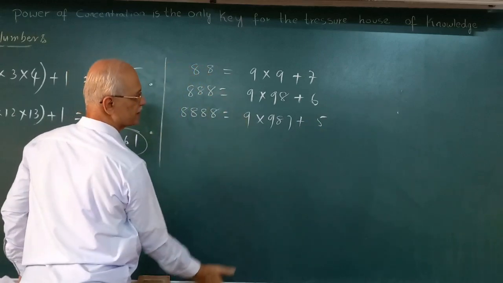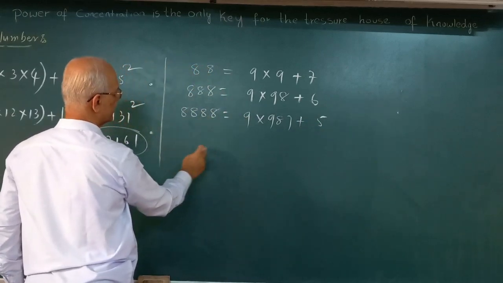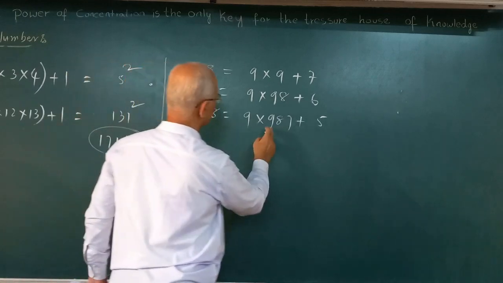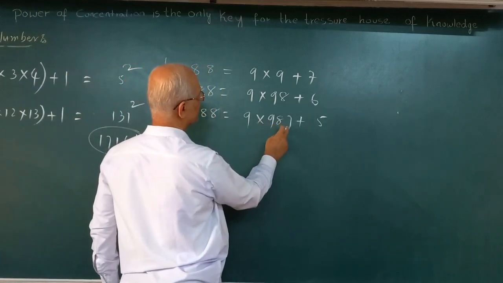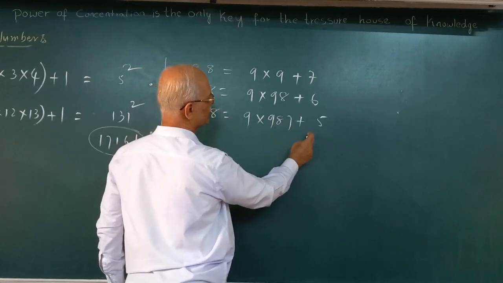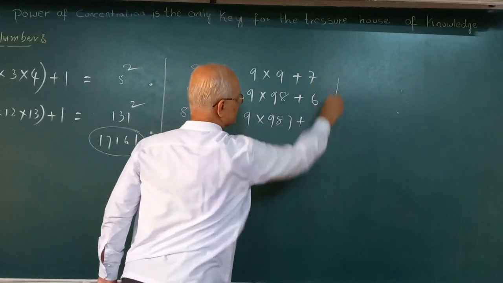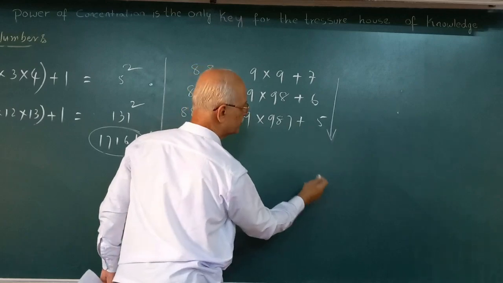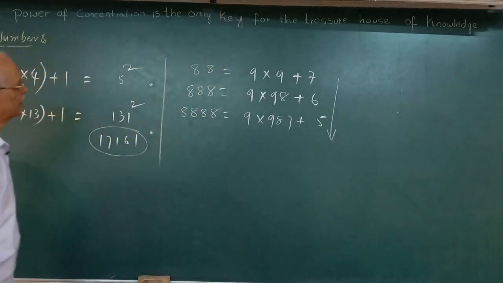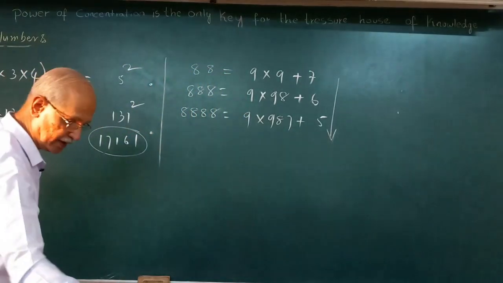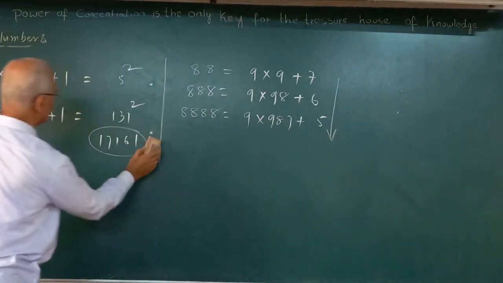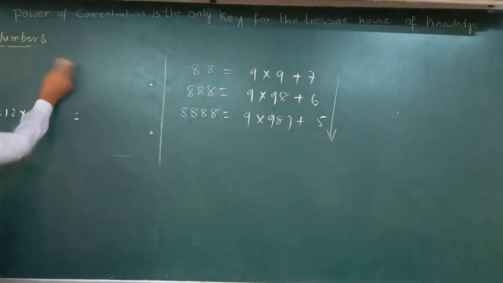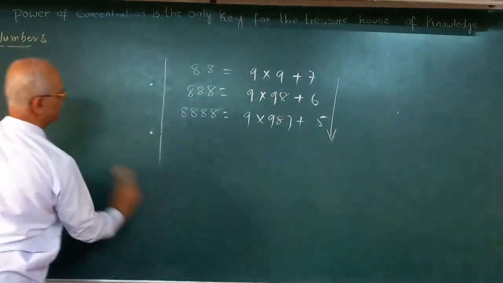It goes like this. Any number you can write. 8, 9 times. Here 9, 8, 7, 6 like that it goes, and here the number decreases: 7, 6, 5, 4, 3, 2, like that it comes. These are the interesting patterns or the arrangement of numbers that you can see in mathematics.